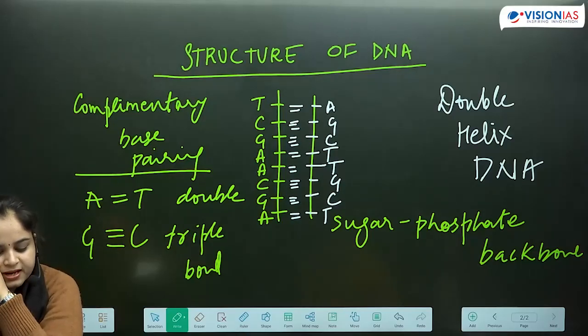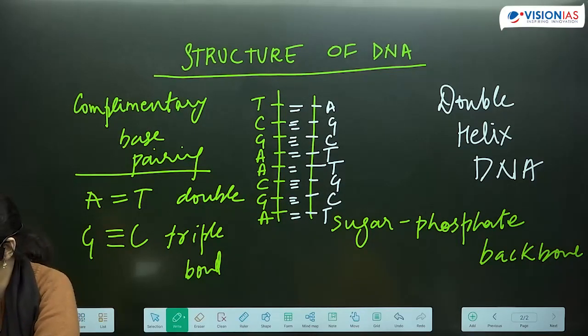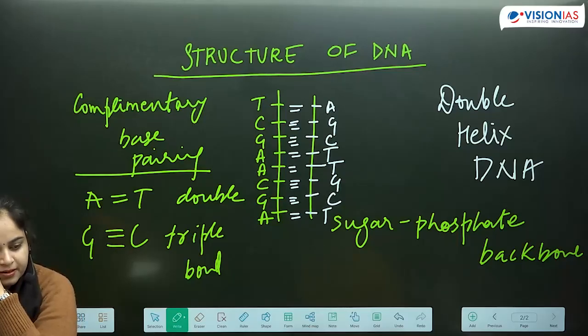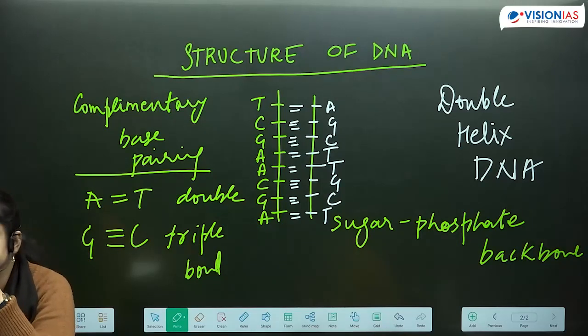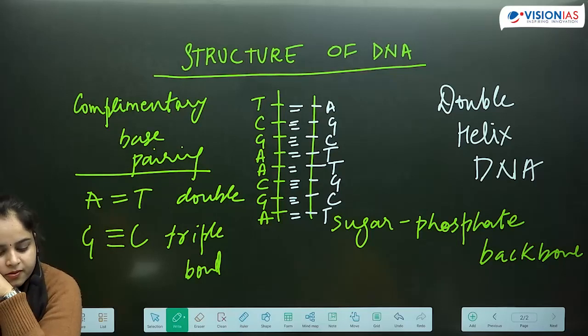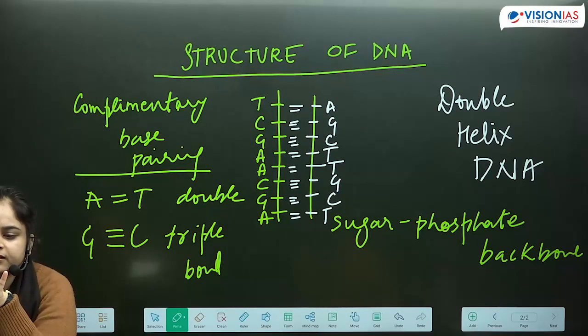The nitrogenous bases present on these strands pair up using complementary base pairing, where adenine joins to thymine.